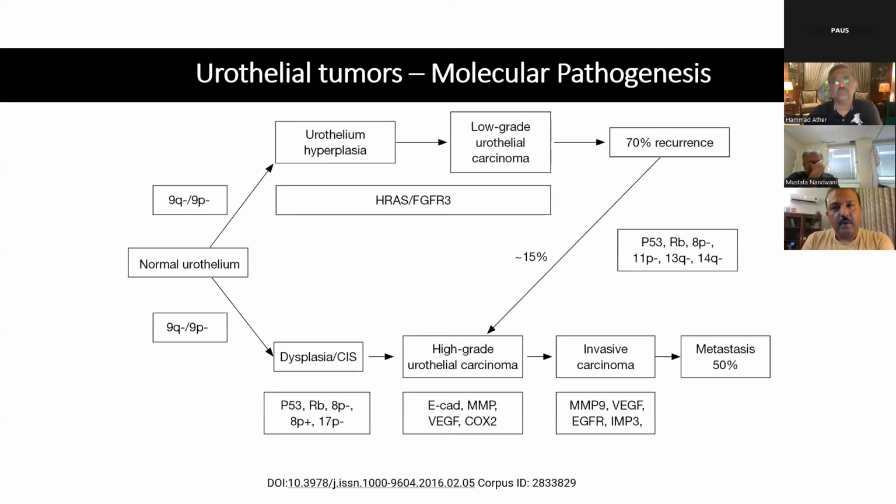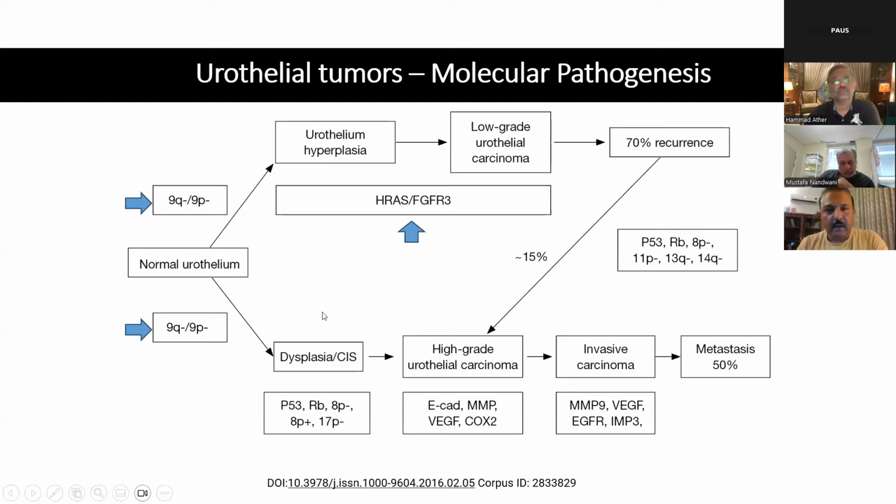Just to give you the molecular pathogenesis of the urothelial tumors: in the earlier stages of bladder cancer development, both the low-grade pathway, shown on the top, and the high-grade pathway on the bottom, there is loss of heterozygosity of chromosome 9, short or long arm.